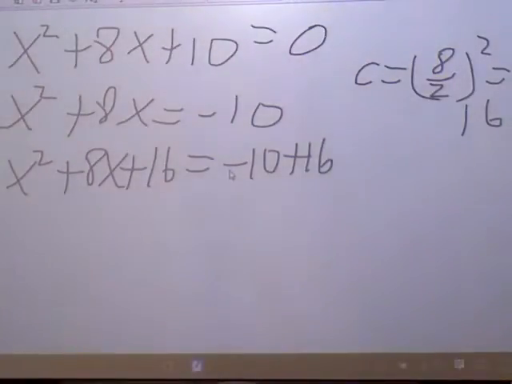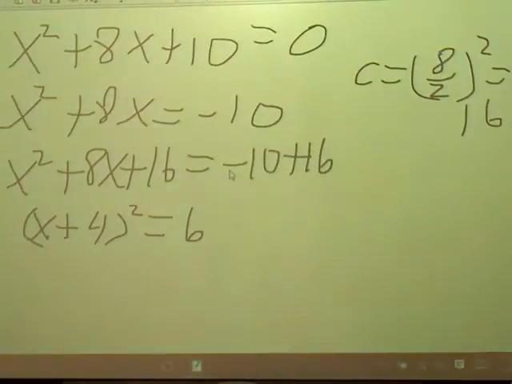Alright, so now, since we got a good c, we can rewrite this as a perfect square. What's the square root of x squared? x. What's my first sign? What's the square root of 16? 4. And over here I got negative 10 plus 16 is 6.